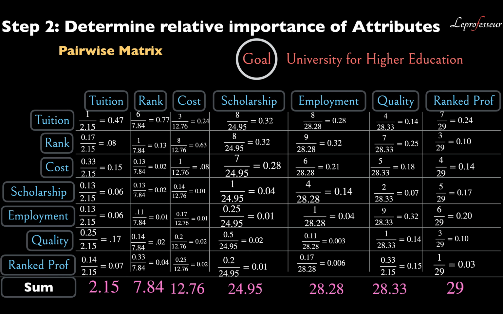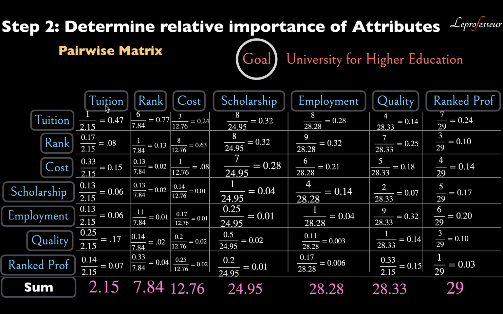After getting the sum, what we want to do is divide each column entry by the sum, to normalize it, because we are trying to normalize, right? That's the method Professor Saaty proposed, the AHP method: you divide each cell of the matrix by the sum.